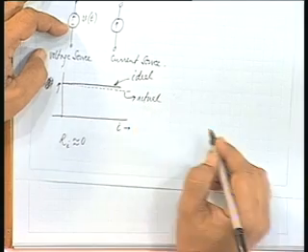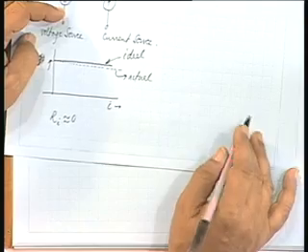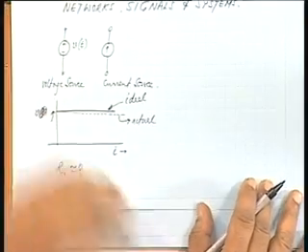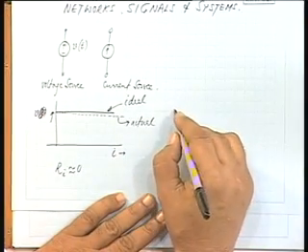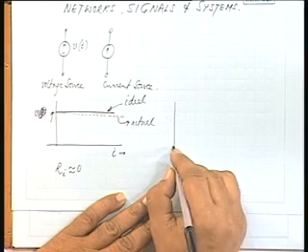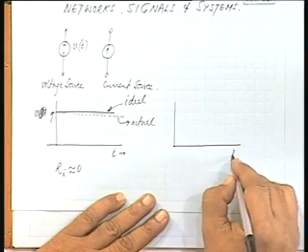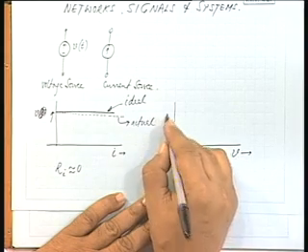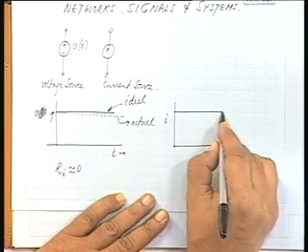So, this is the actual characteristics. Similarly, a current source will have a constant current and the voltage across the terminal will be varying.